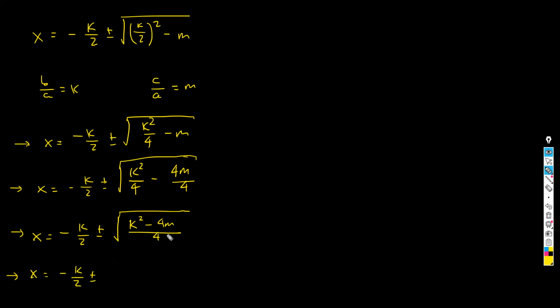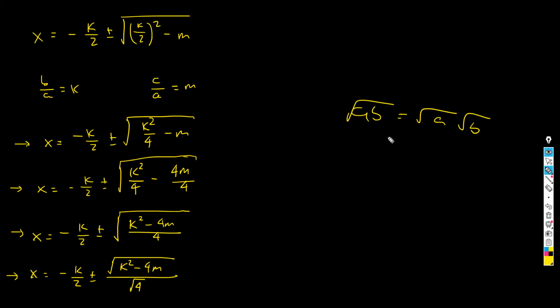The square root of a fraction is equal to the square root of the numerator over the square root of the denominator. It's similar to this, the one I told you a moment ago, and this also works.